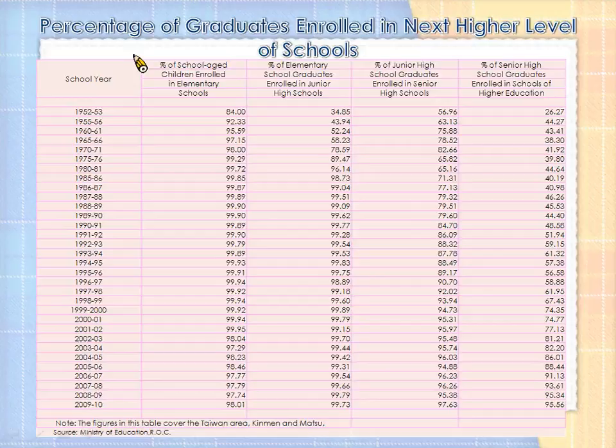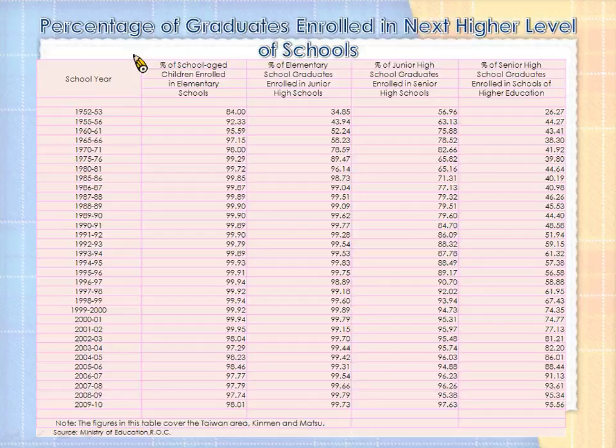Okay, so you can see here before '68, the enrollment rate for junior high school was about 30 to 50%. But we had 6-year compulsory education, so this is over 100% for the enrollment rate in elementary school.